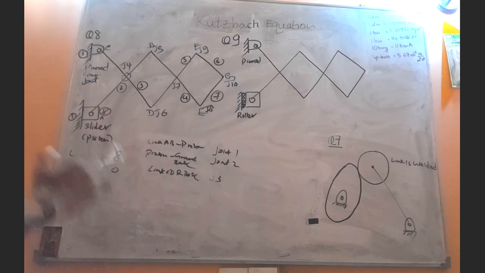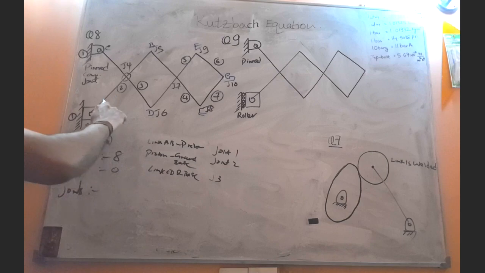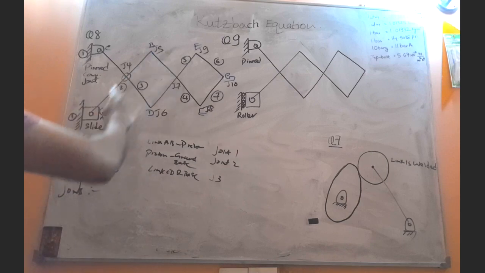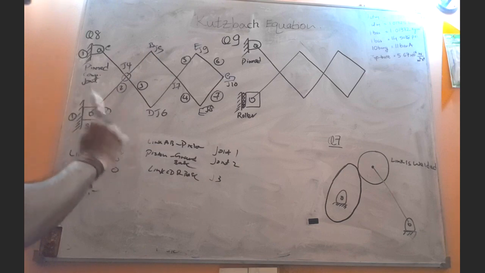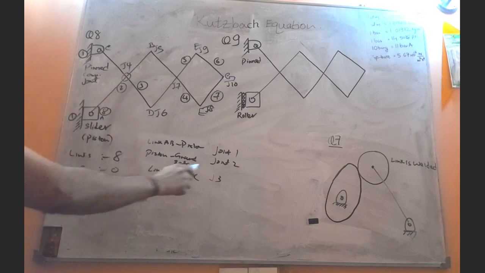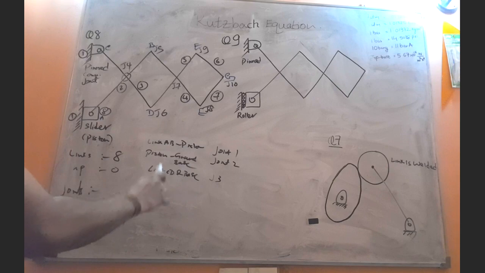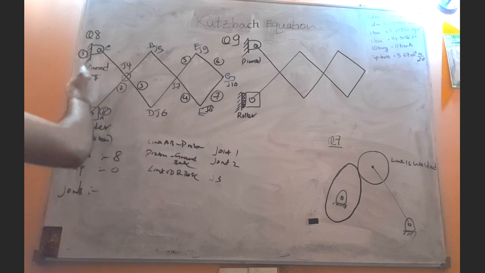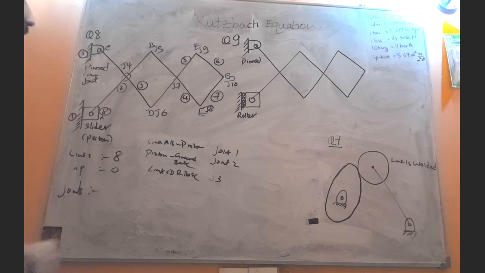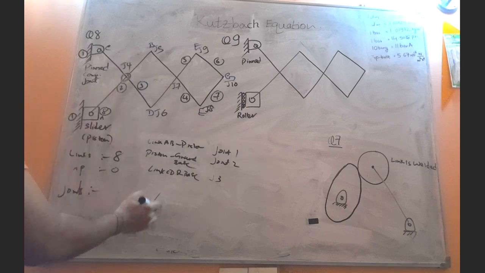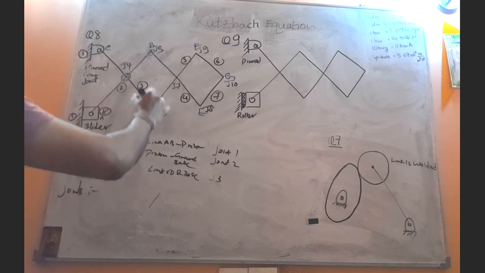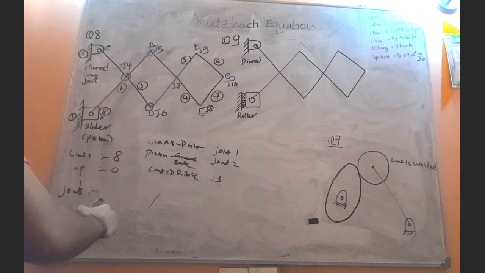Shall we count the number of joints again? The first joint is the joint that connects the link AB with the piston. Joint 2 is the joint that connects the slider to the ground. Third joint is the joint that connects the link CD to the ground or to the base. Then 3 joints are okay. So here we have 1 joint, and here we have another 2 joints.